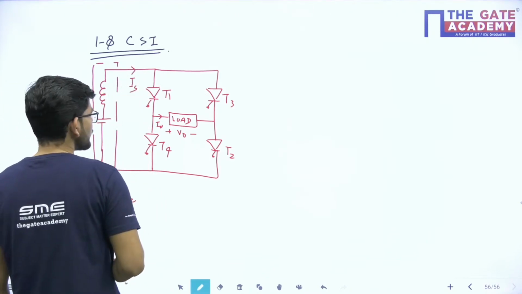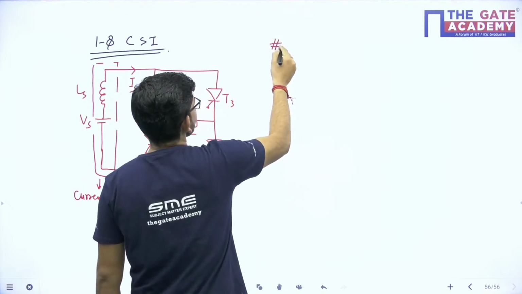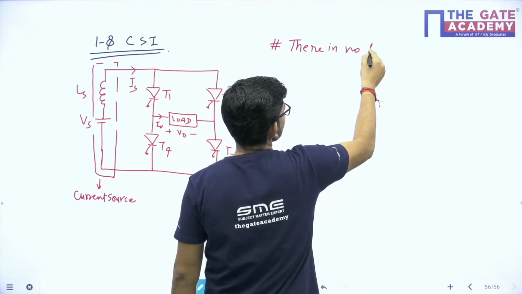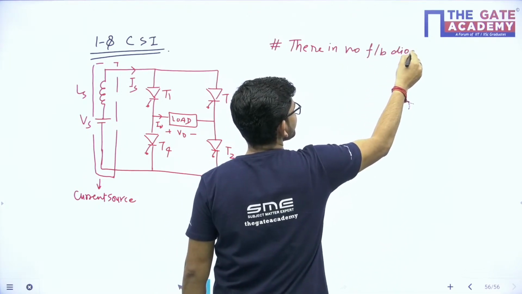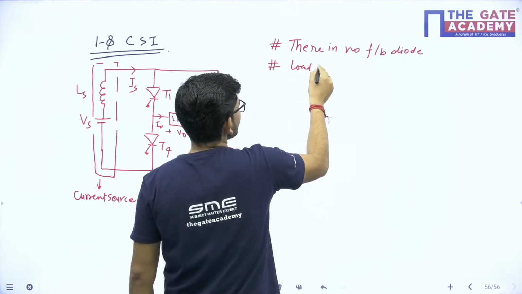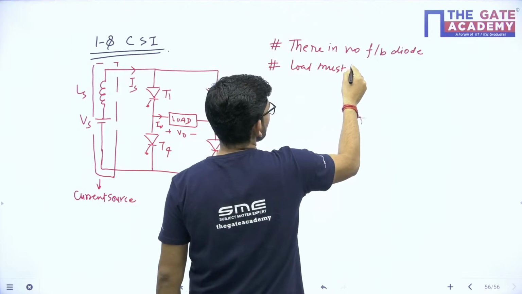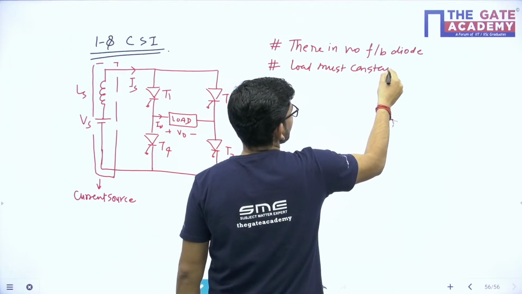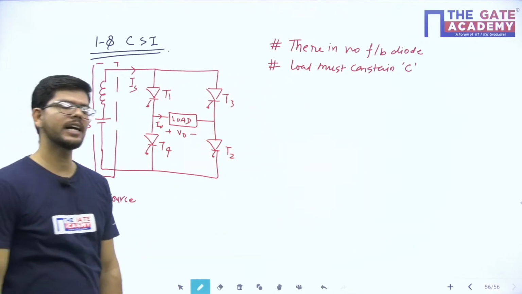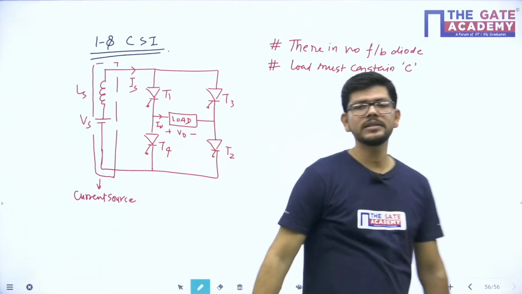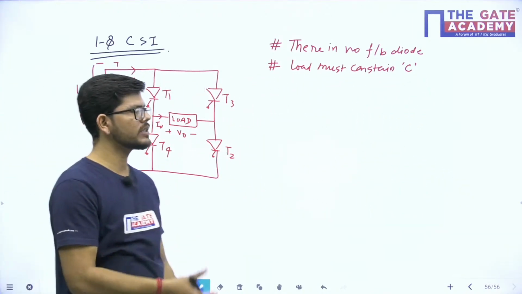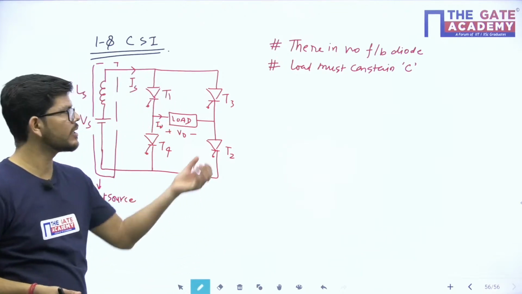So what are the features of CSI? There is no feedback diode present in CSI, and the load must contain a capacitor. Another advantage is that one thyristor is getting turned off while the other is getting turned on, and the first thyristor is commutated with the help of the load.